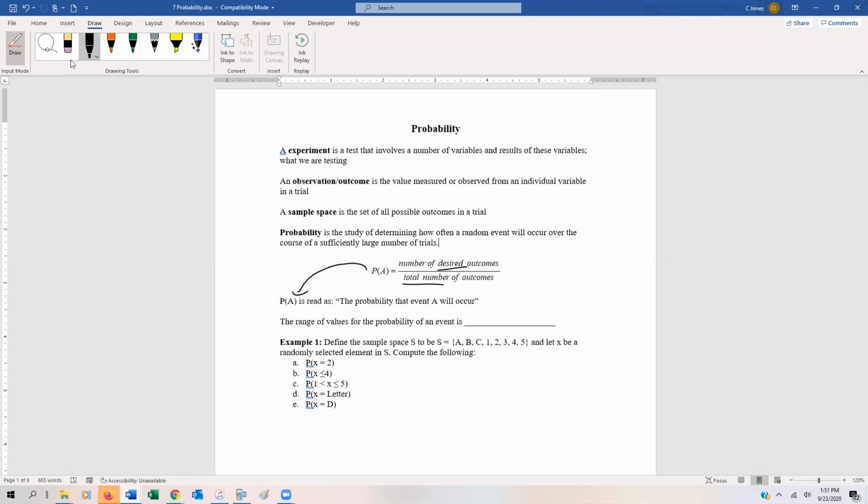Now, the range of probabilities is 0% to 100%. A lot of times, though, we like to put it in terms of not a percentage, but a real number. So another way to say that is from 0 to 1, inclusive of the 0 and the 1.